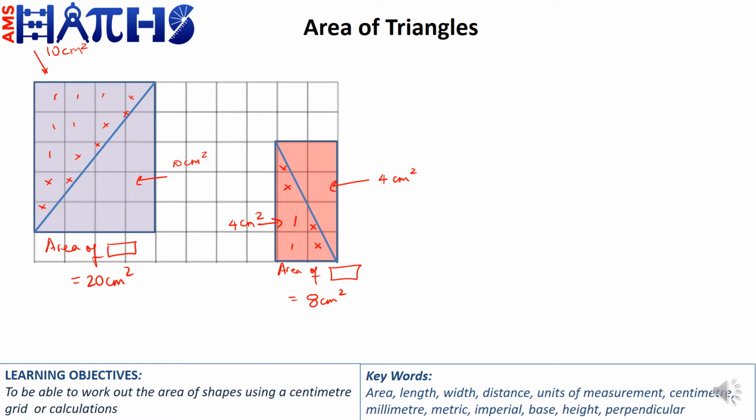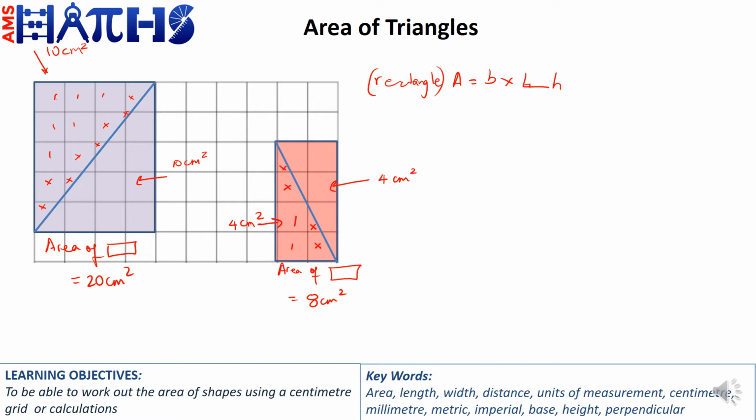Now, if we go back to the formula for the area of a rectangle, it is area equal base multiplied by our perpendicular height. Now, when we drew the diagonal, it cut the shape into two triangles and also cut the area into two equal amounts.